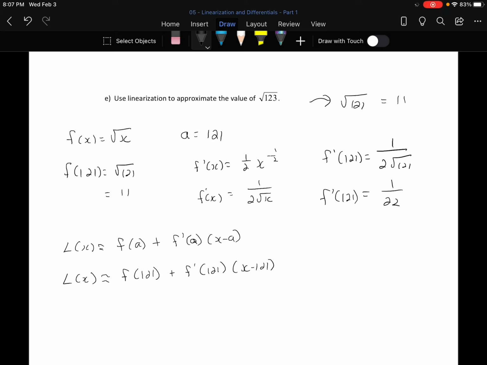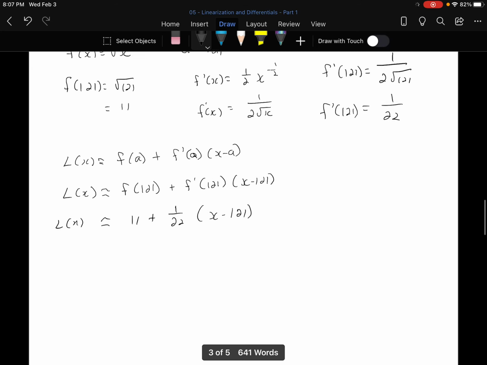So if I want to estimate the value of the square root function close to values of 121, then I need the value at 121, which is 11, plus the slope at 121, which is 1 over 22, and then I've got to go x minus 121 to be close to that. There's the linearization of this thing. And then I want a specific value.